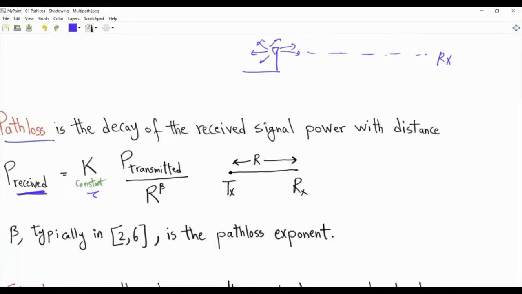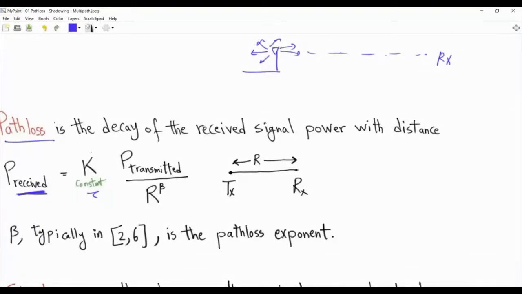Like in homework 2, you'll solve a problem in which I give you the measured power at some specific distances from the transmitter, and then you can do interpolation or fitting and get a good estimate for this path loss exponent, beta. So this is the most widely used path loss law: the power decays as r to the beta, where beta is some number.